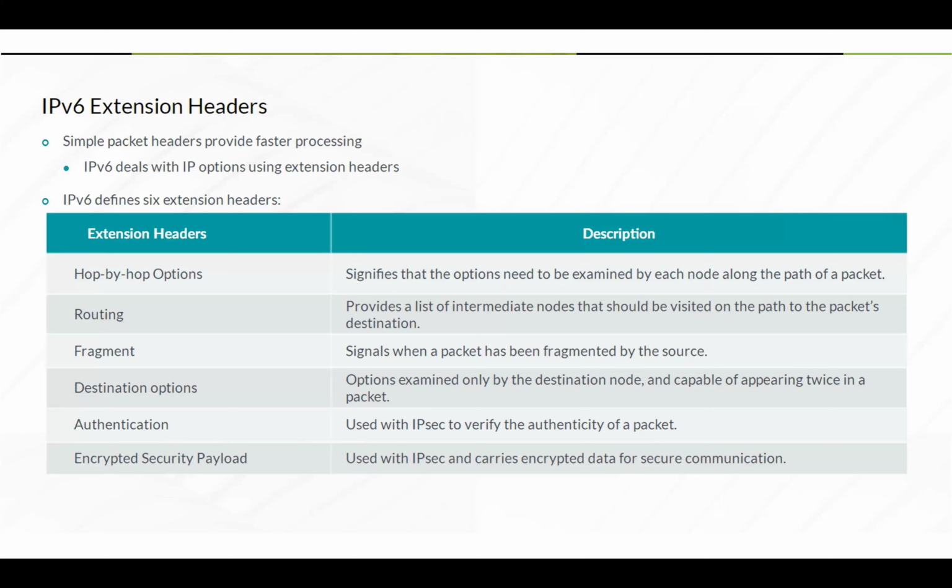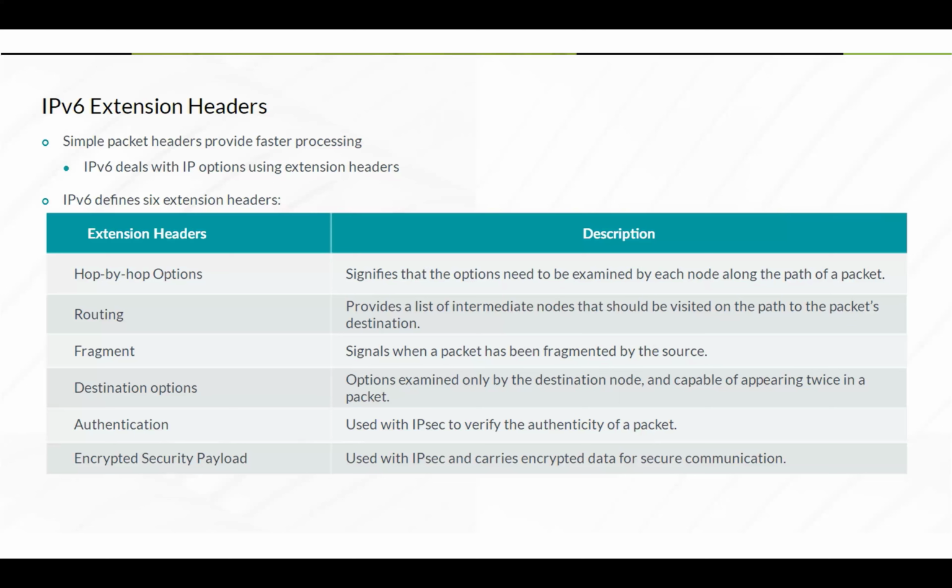Authentication. The packet will be authenticated or not authenticated. If you use authentication, the extension header will be added. For example, if you are making a VPN between different sites, you can say site to site VPN.